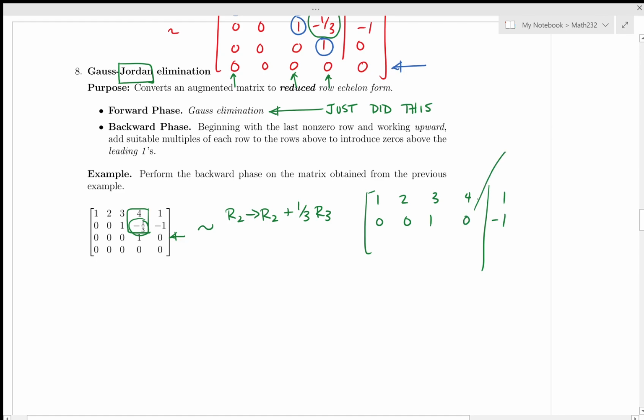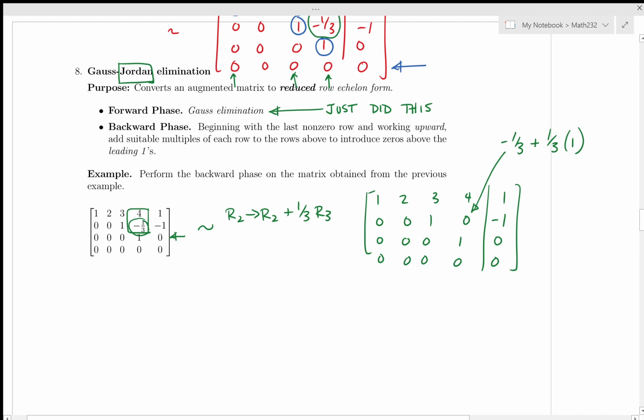For example, this number is minus 1/3 plus 1/3 times 1. We haven't changed row 3 or 4, so we simply copy those over.